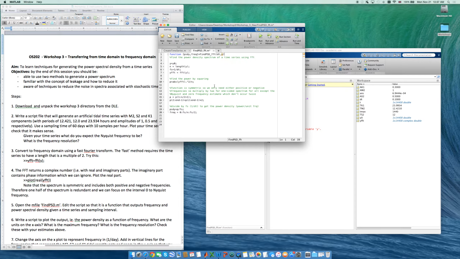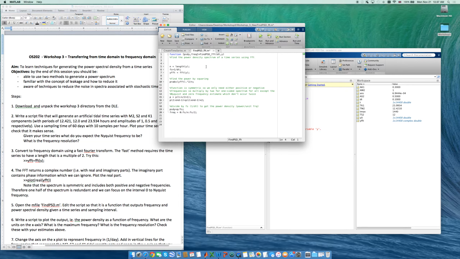Because we're passing it the time series y, we can delete the first row where we're assigning y to y0, because when we call this function, instead of putting y in this position from the command line, we'll put in y0, and it will automatically assign anything that's labelled y with the variable that we've input.